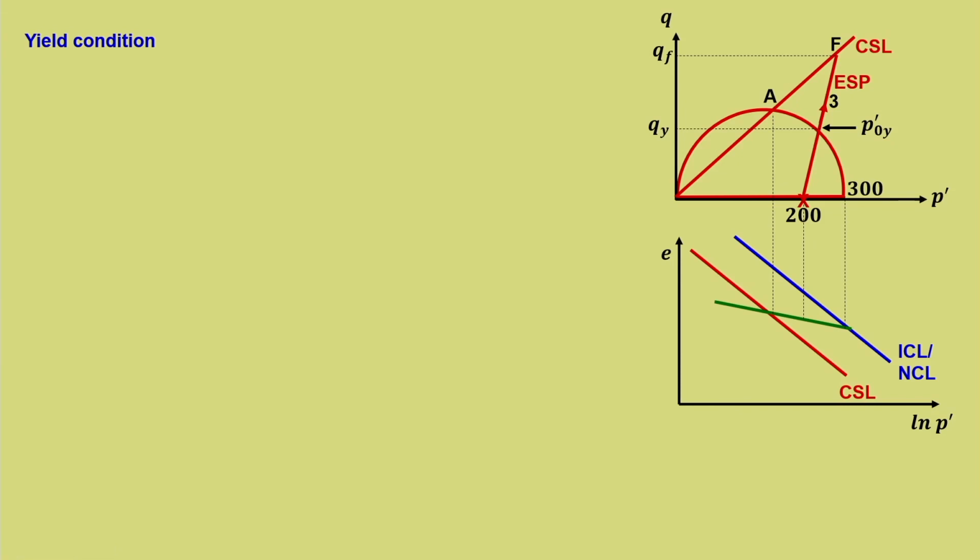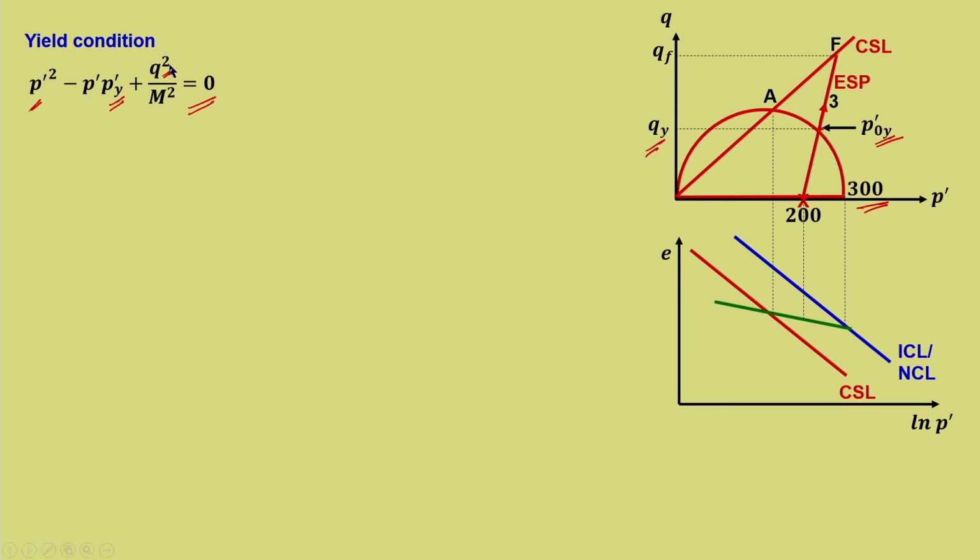Now we can determine the yield condition. We know that the effective stress path meets the yield curve at this particular point. So we can substitute Qy and p naught dash y in the elliptical yield curve equation. P dash square minus p dash p dash y plus q square by M square is the equation of the ellipse. Here p dash y is 300, p dash is equal to p naught dash y and q equal to Qy.